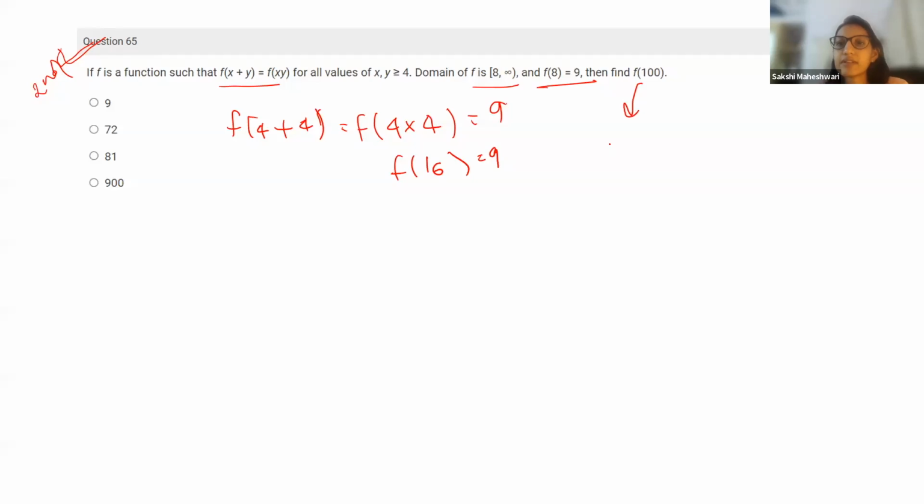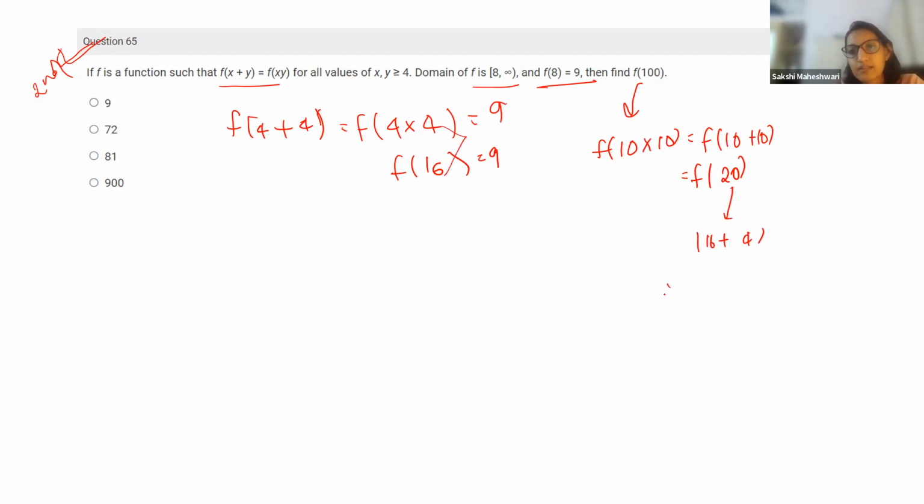For example, f of 10 into 10 will be equal to f of 10 plus 10, which will be equal to f of 20. See, we have 16, we have 4, so you should easily think of it as 16 plus 4. Right? That will be giving you f of 64.